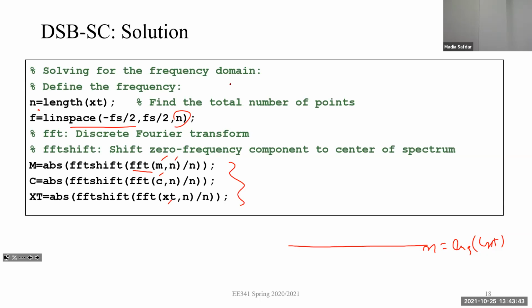This is the total number of samples, and then normalized with the total number of samples. And then FFT shift, you know what it is, and then absolute. Done. And then after this, simple plotting. Right? Clear?